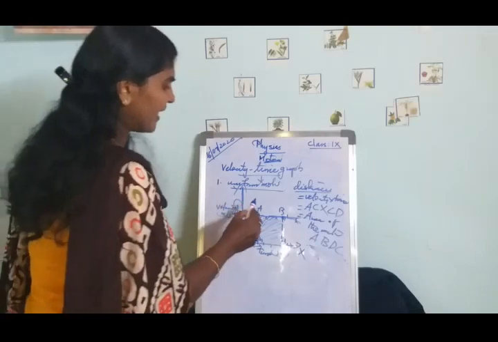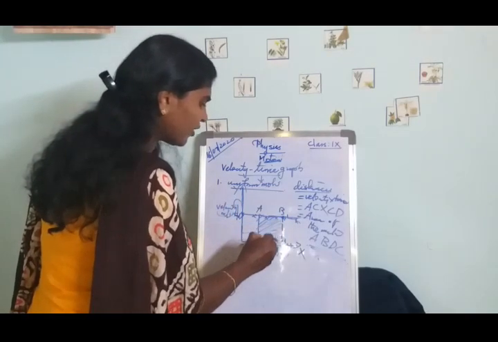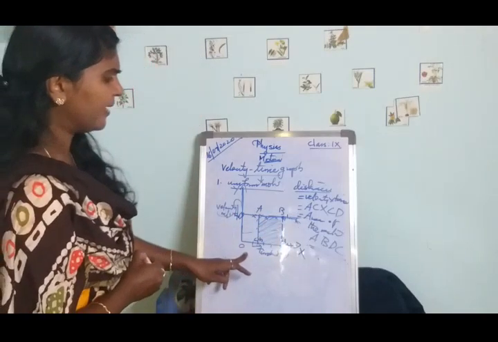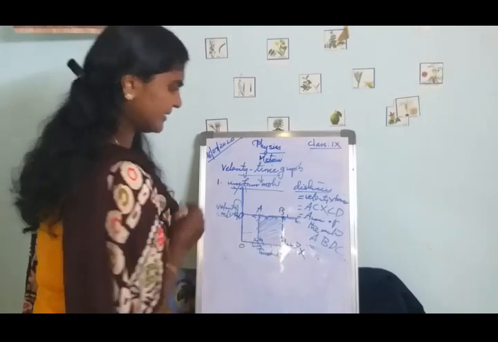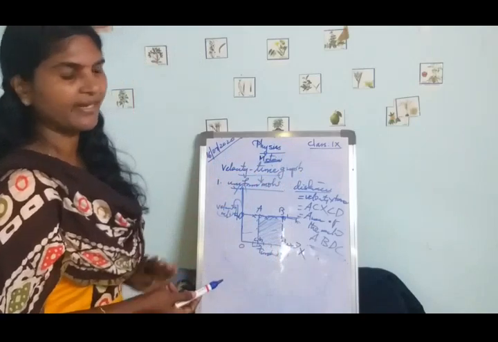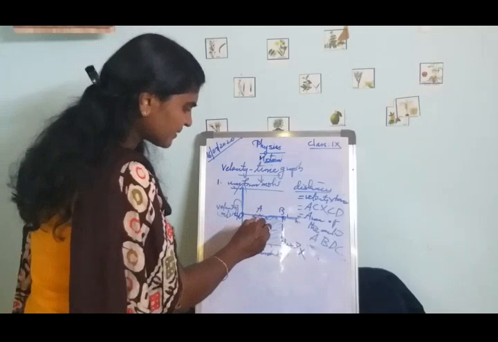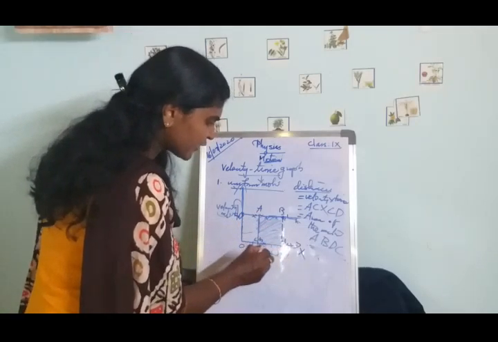For that we are considering 2 points on the graph, A and B, and drawing perpendiculars towards the time axis. Then we can mark it as ABDC. You know the distance or the magnitude of displacement is equal to velocity into time. Here the velocity is represented by the height AC and the time is represented by the portion CD.